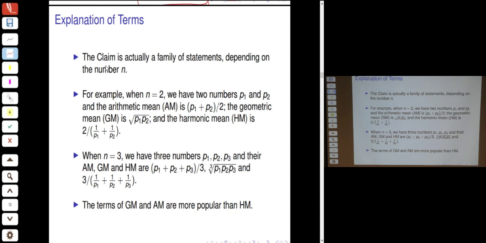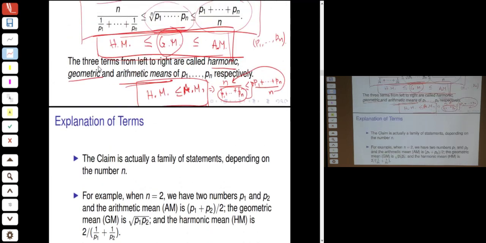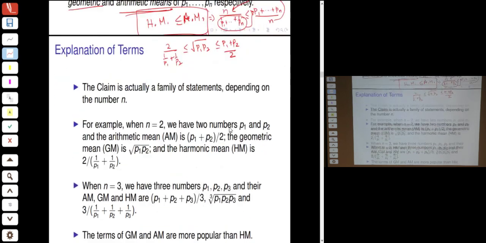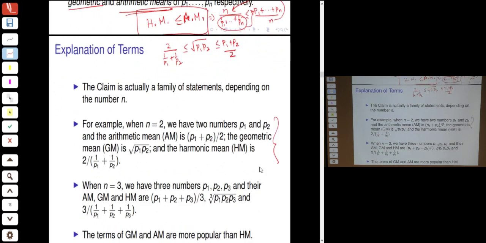So, for n equal to 2 you can rewrite this inequality as 2 over 1 by p1 plus 1 by p2 less than or equal to square root of p1 p2 less than or equal to p1 plus p2 by 2, as in here.